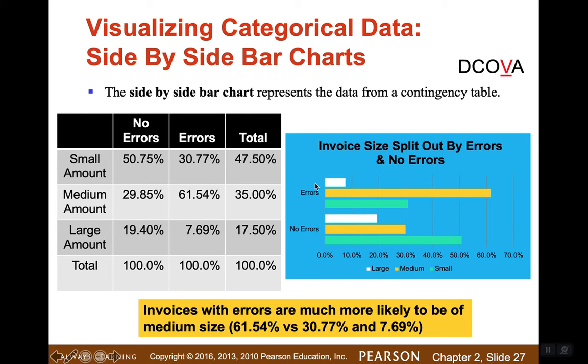So the errors versus no errors is our vertical axis, our y-axis. Our x-axis is the percentage of each one. If we look at the visualization here, we can say invoices with errors are much more likely to be of medium size. So it's 61.54 versus 30.77 versus 7.69. So it's very simple calculations.